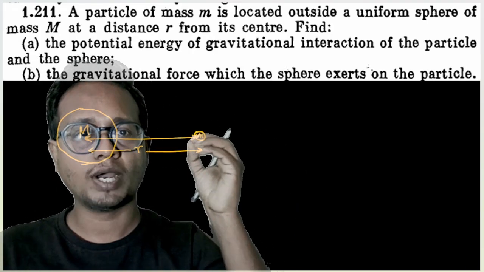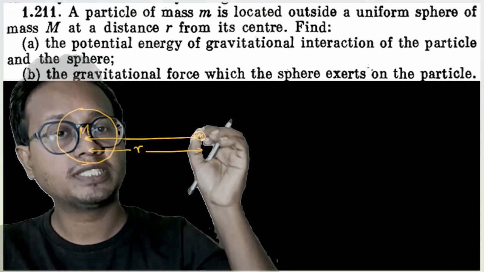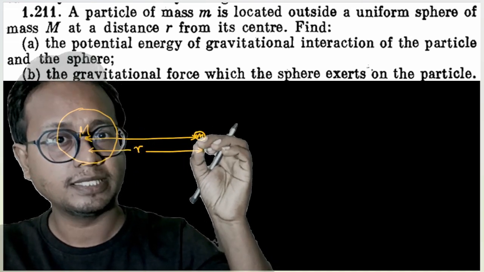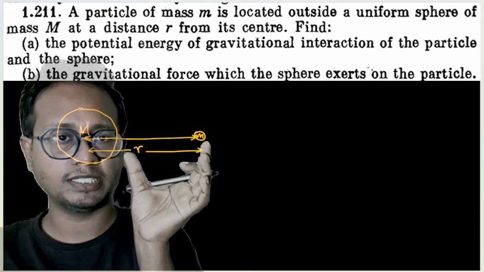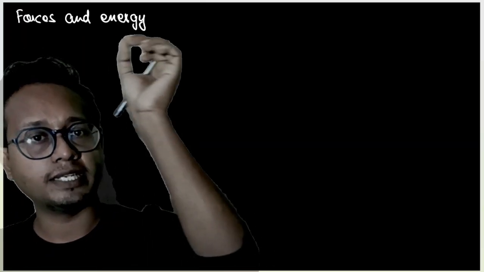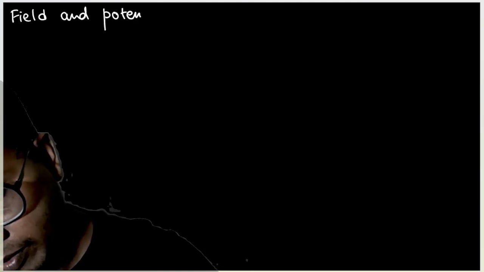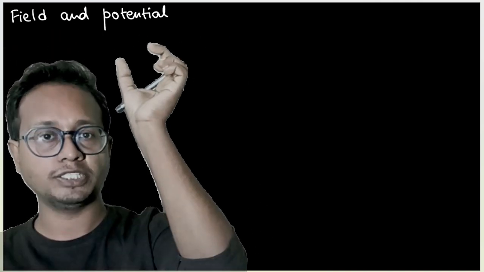Suppose I reduce this mass m to 1 kg and find out the force on this particle. It will be the same thing as the field at this point, isn't it? Or suppose I reduce this mass m to 1 kg and find out the potential energy of the system. It will be the same thing as the potential at this point. So instead of force and energy, I write field and potential. Field is nothing but force on unit kg. Potential is nothing but potential energy of 1 kg.